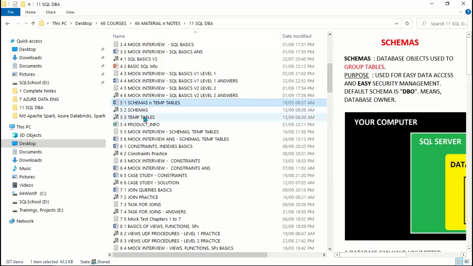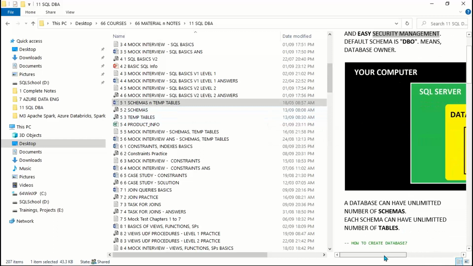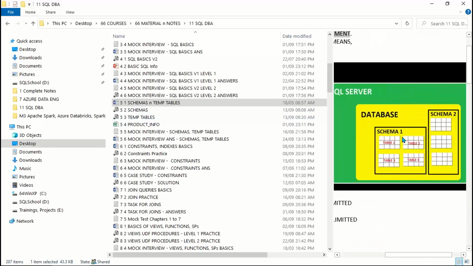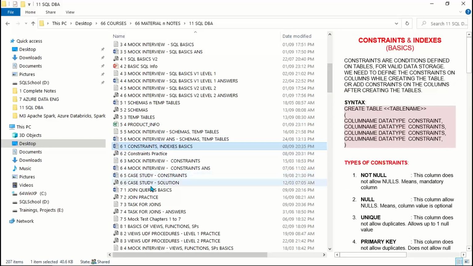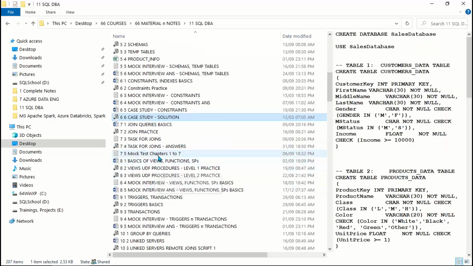We'll be learning schemas, mainly for security management. As a DBA, we require schemas. For what? Yes, it's all about grouping tables, like grouping files into folders. Here, grouping tables into schemas. Remember the new term? Schemas. Temporary tables management. TempDB issues we need to resolve. Constraints, joins, performance tuning activities on top of it.